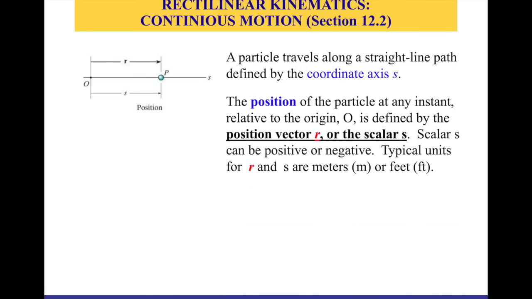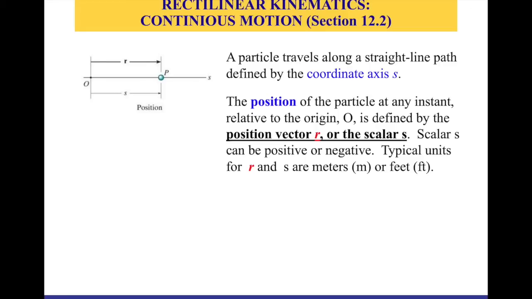The first thing, position, is the location of a particle at any instant. It should be relative to an origin or a reference point, and it can be defined by the position vector r or the scalar s. It's very important to identify our reference, and because we are doing dynamics, direction is important.